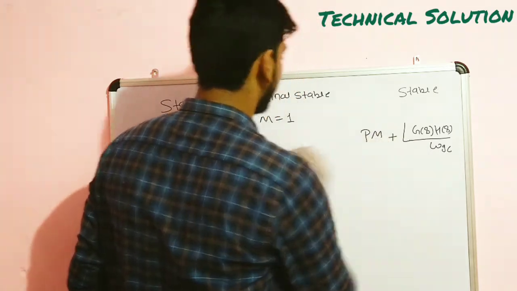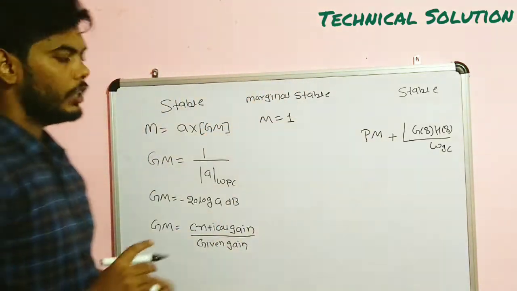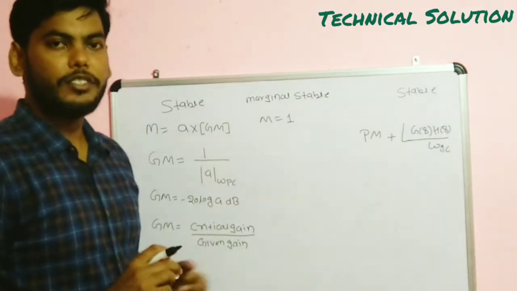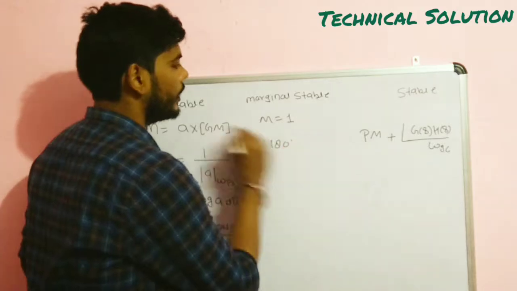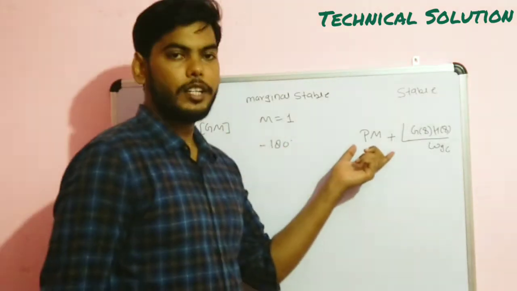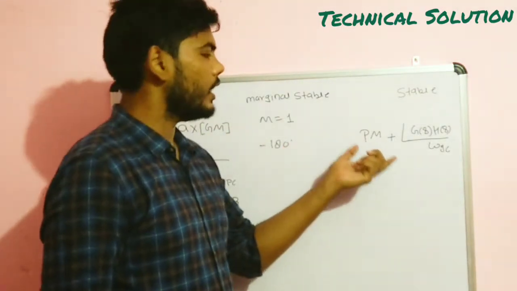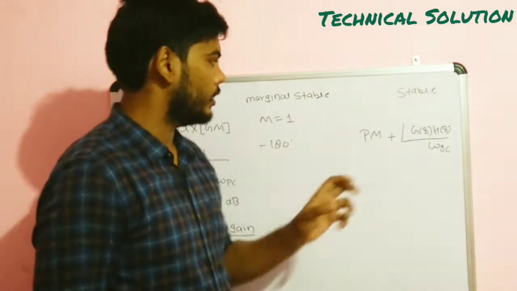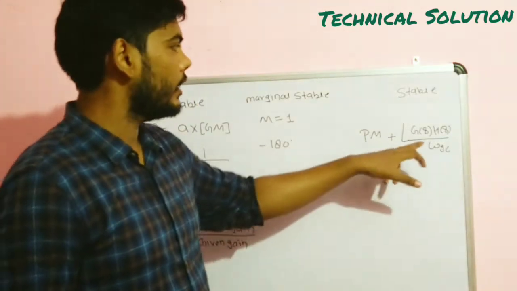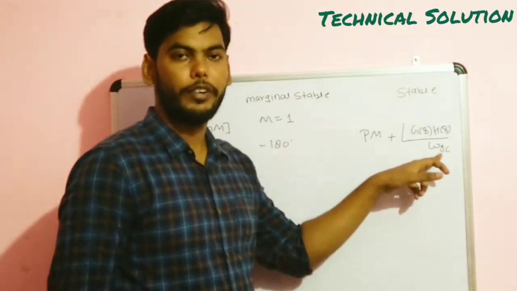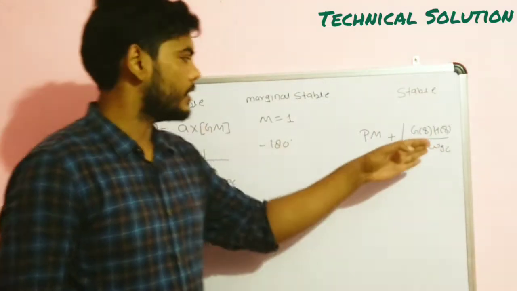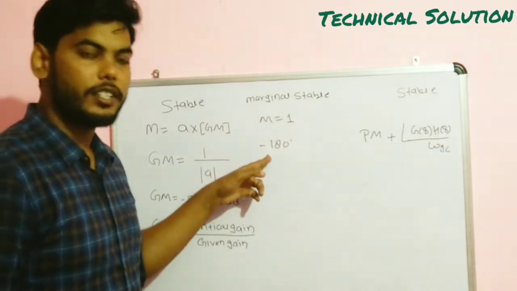The phase of the marginally stable system is minus 180 degrees. So the phase margin is the additional amount of phase lag that can be added to the phase of the system at gain crossover frequency such that the system becomes marginally stable.